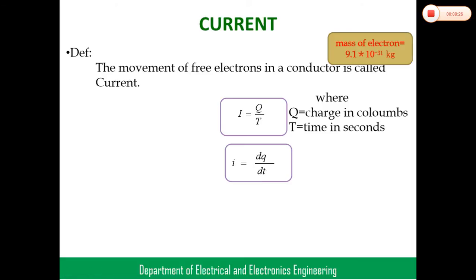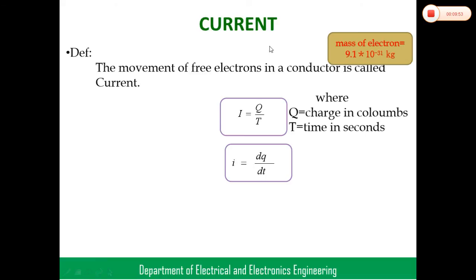To move any mechanical part we require some force, but there is some mass for any device. Here also there is the mass of an electron, which is 9.1 into 10 power minus 31 kgs. That means the mass of an electron is very, very small.